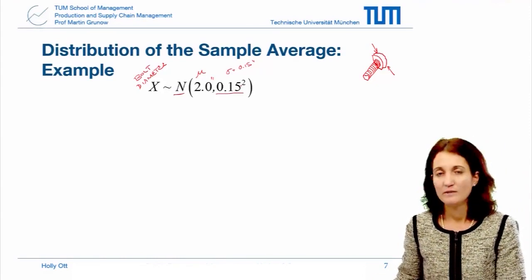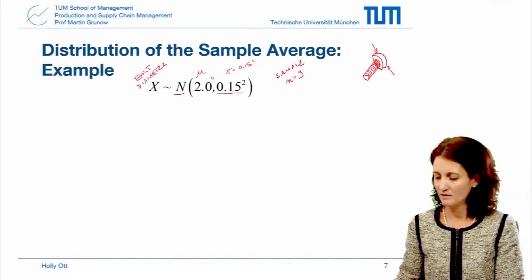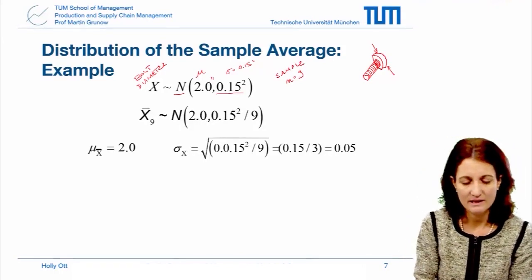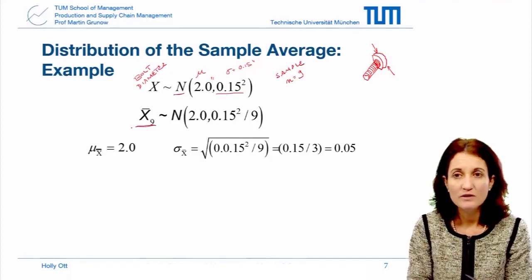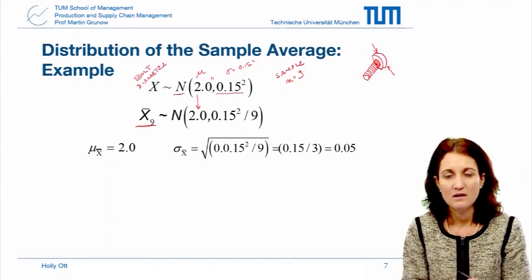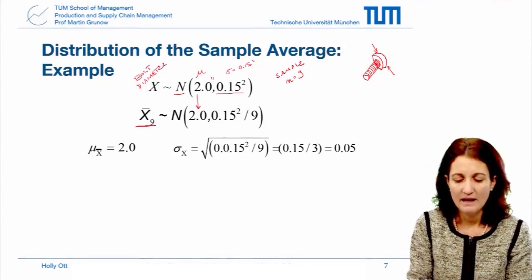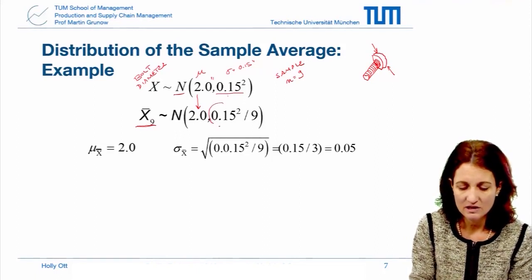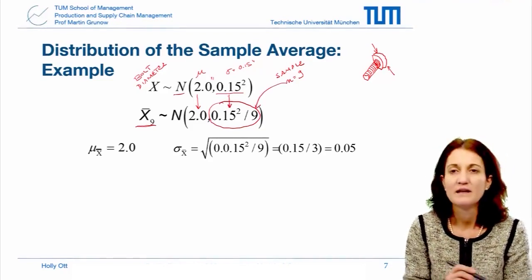Now, we take a sample of size n equals 9 of our diameters, and we calculate the average of that sample. Well, we know from our previous theorem that the mean of the sample average will be the same as the population mean, and the variance will be the variance of our population divided by n, where n is the sample size.